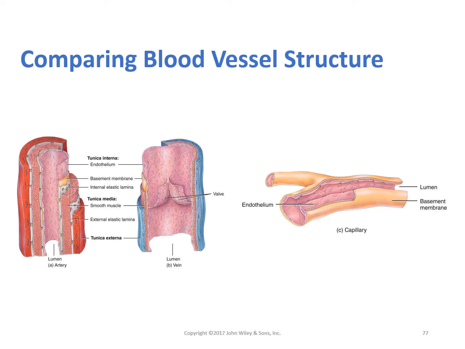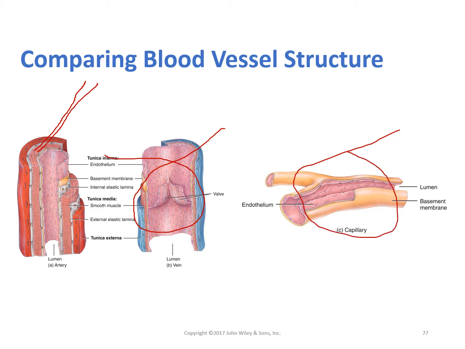The arteries, like I said, the tunica media is a blend of smooth muscle and elastic fibers. The aorta is basically all elastic tissue, whereas, for example, the radial artery is more muscular. And the veins have these things in them called valves, and these are the capillaries.